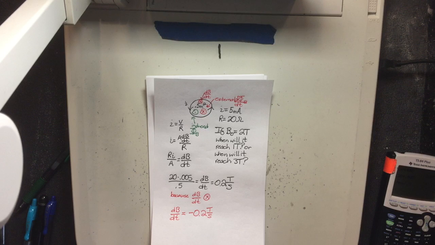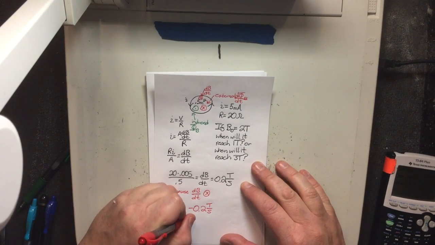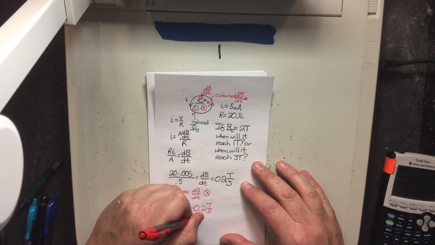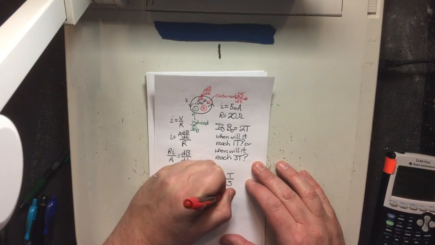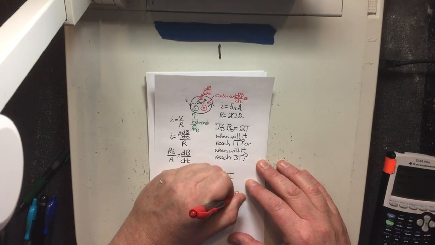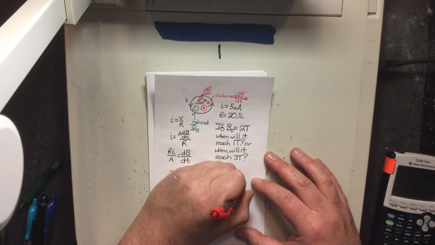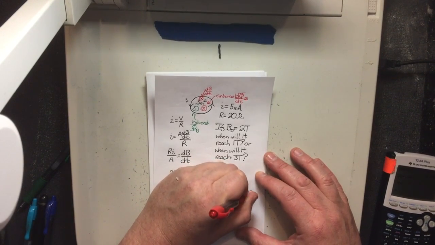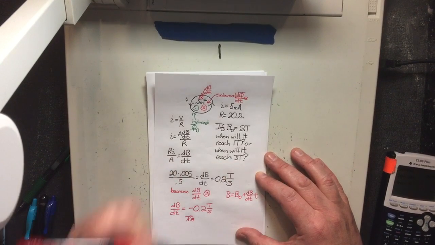It may have been 3 Tesla earlier in time, but when will it reach 1 Tesla? So now B is equal to B naught plus dB dt times time.